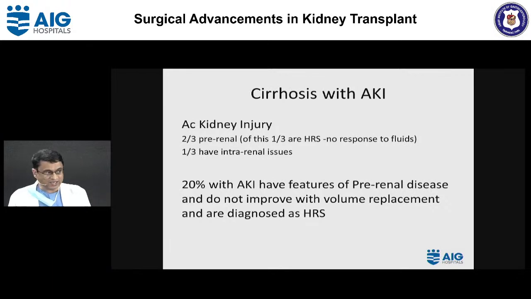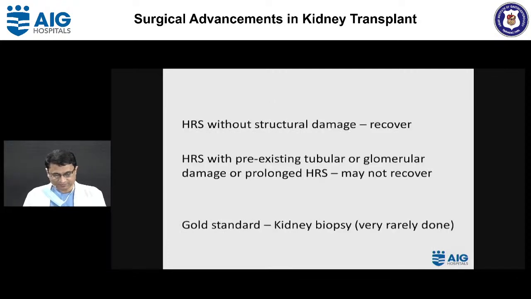So HRS and AKI both have a lot of overlap and diagnosis can be difficult. What is more important to realize is multiple episodes of HRS. With each episode, there is increasing structural damage and the kidney may not recover after a transplant. So this is what we find here.